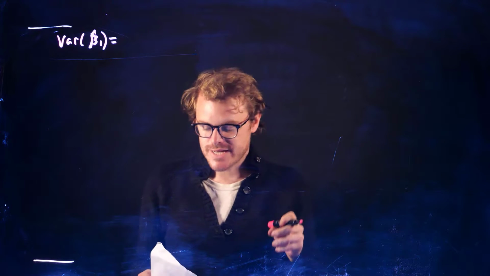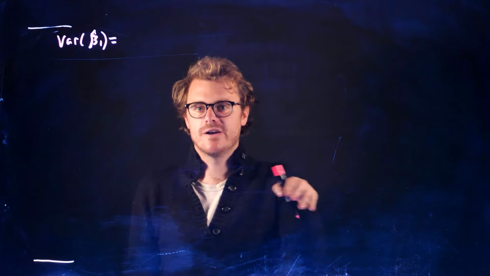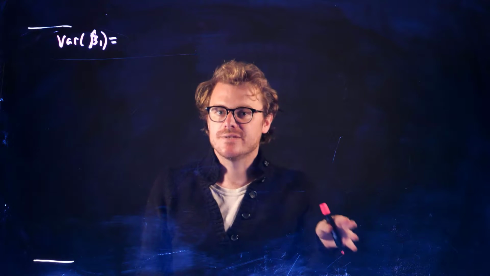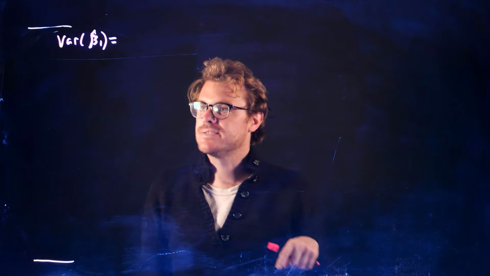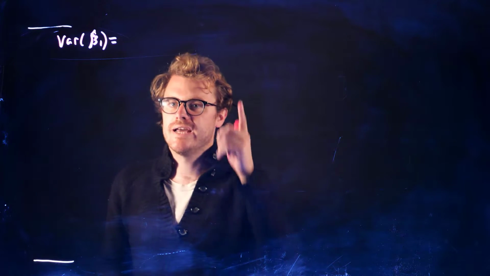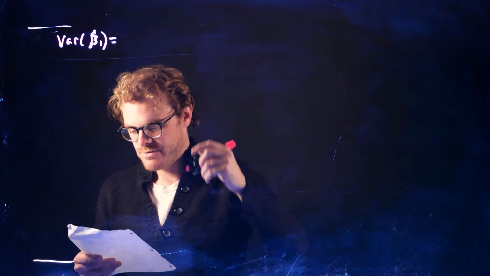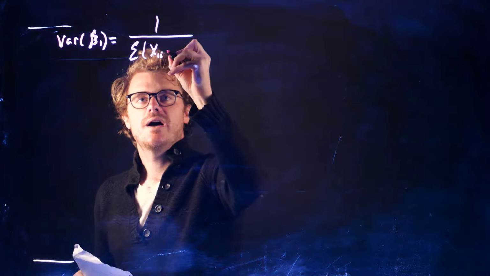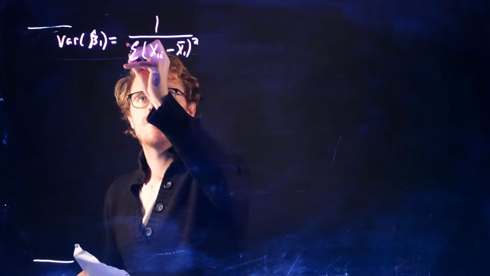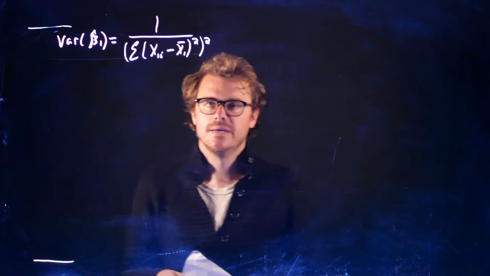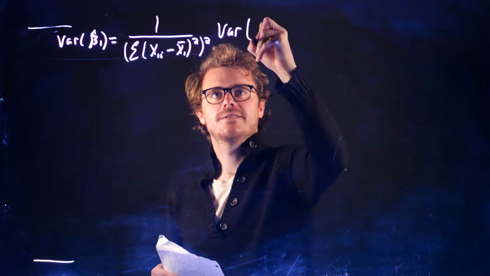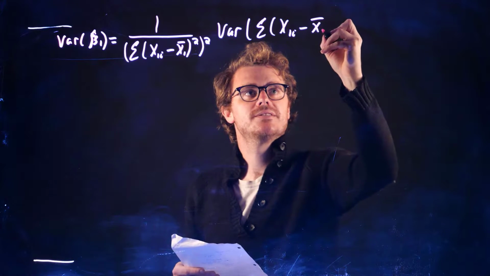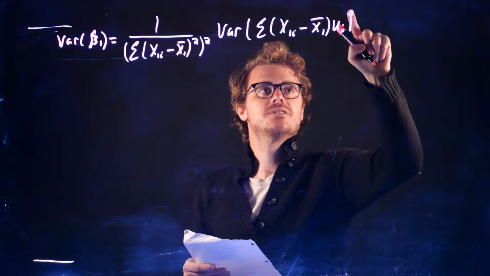We use that first green line to get rid of the true value of beta 1, and then we use the second green line from the last board to bring out that denominator and square it, right? So now we're going to have 1 over the sum of x1i minus x1 bar squared, and we're going to square that whole thing because we're bringing it outside of this variance.